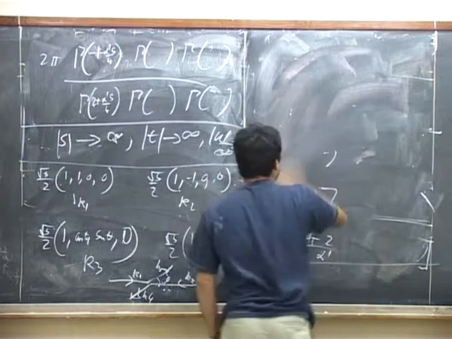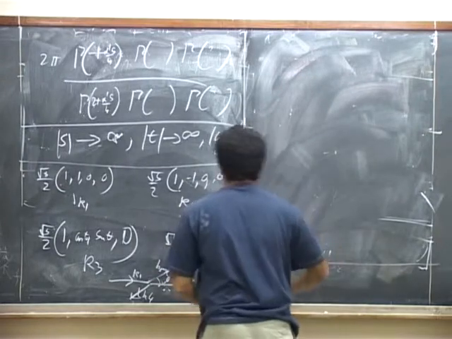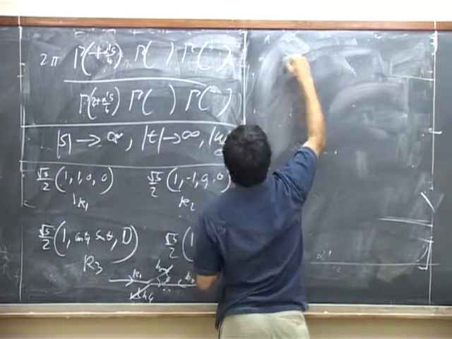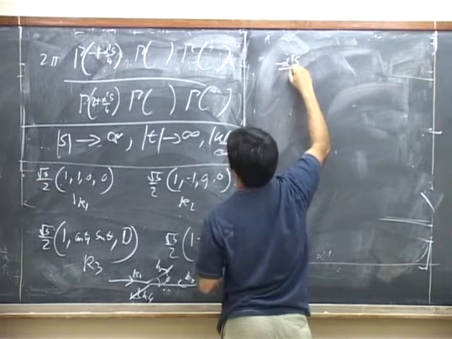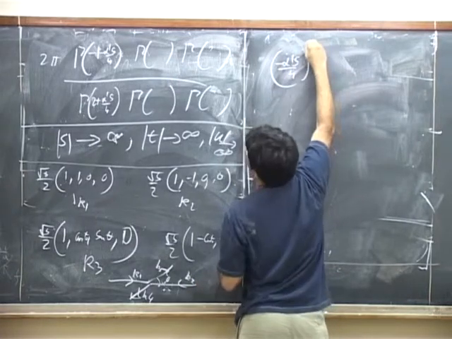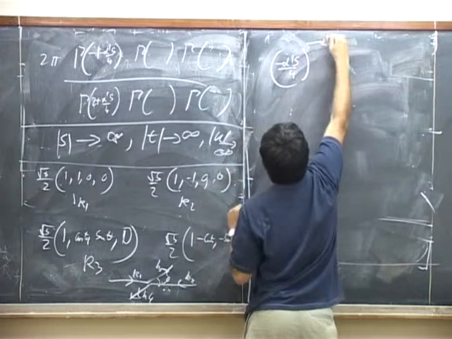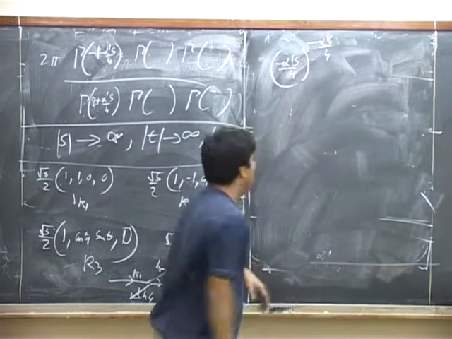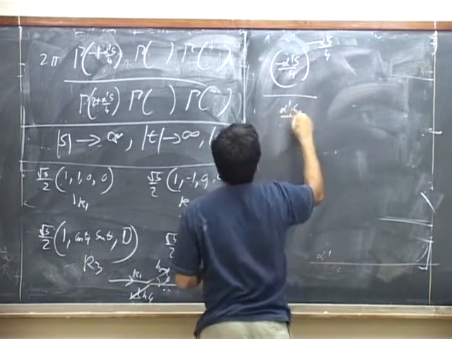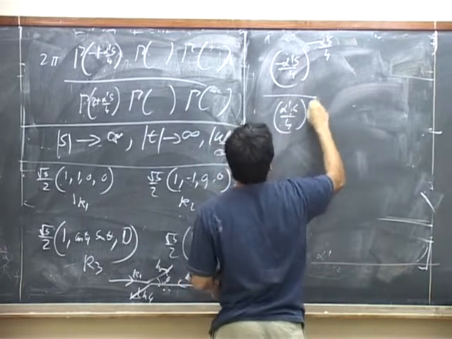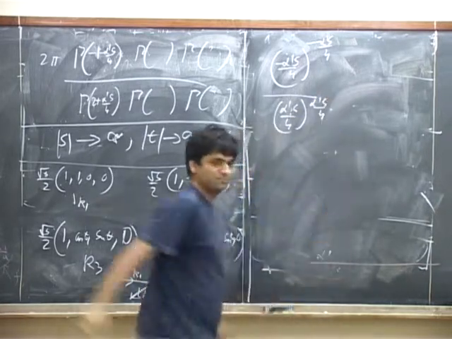What do we have in S? We have up here minus alpha prime S by 4 to the power minus alpha prime S by 4. And in the denominator, we have alpha prime S by 4 to the power alpha prime S by 4.